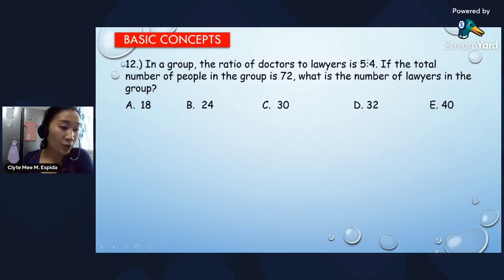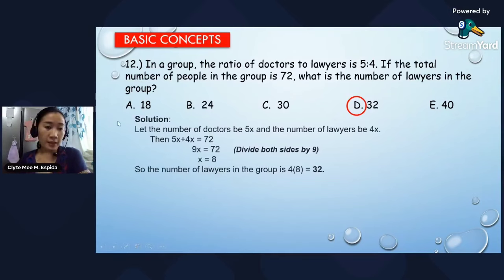May common factor, si 5 at saka si 4 para maging 72. The correct answer is, very good, letter D. That's 32. Why? If this is the problem, actually we have the solution in here. Okay, solution.